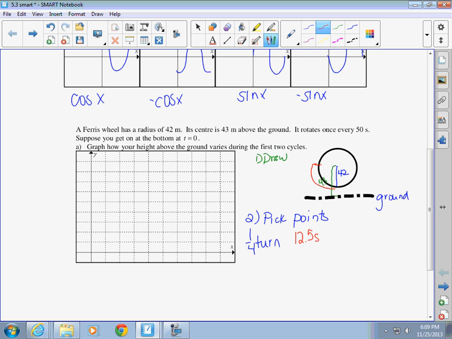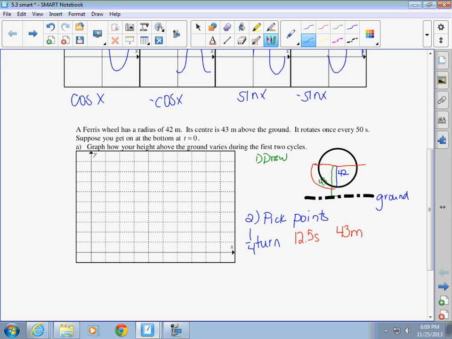Your height at that point would be, if I drew a line straight across here, my height would be this 42 plus my 1 meter off the ground. So I'd have a 43 meter height.